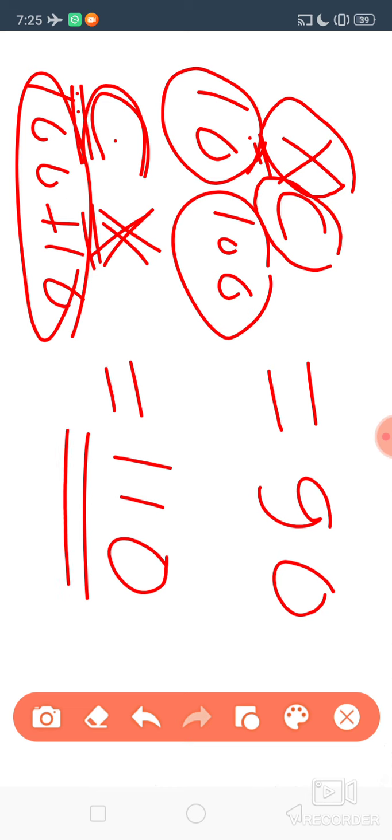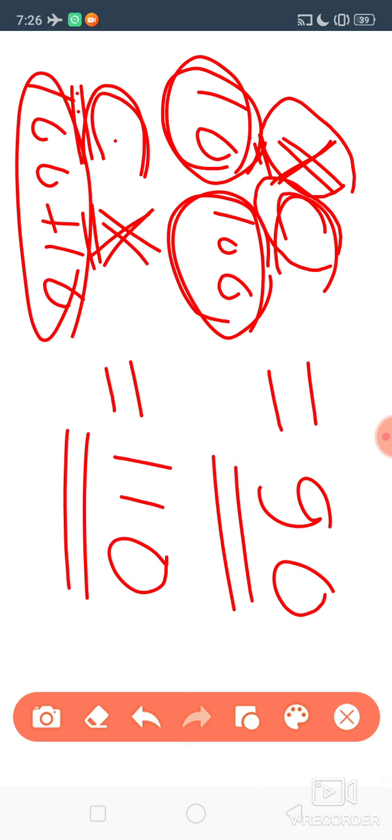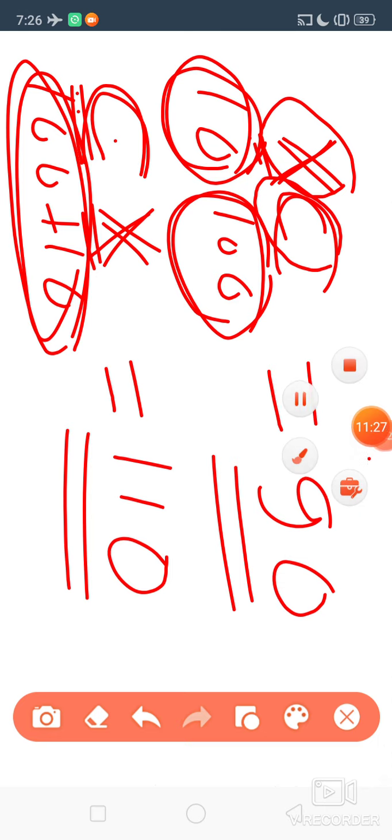It is becoming 110. In XC, C is there and before C, X is there. So C means 100 and before 100, 10 is there. So we are subtracting and we are getting 90. I hope it is clear. When it is written before, then it will be subtracted, and after, then it will be added. Now look at here.